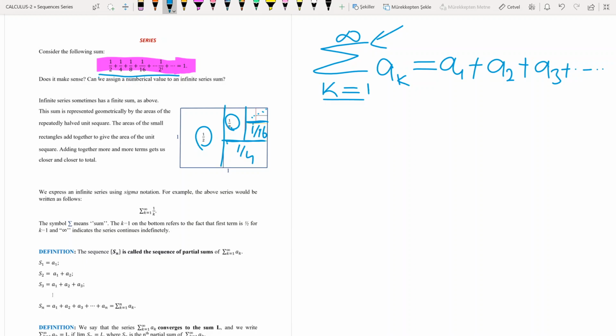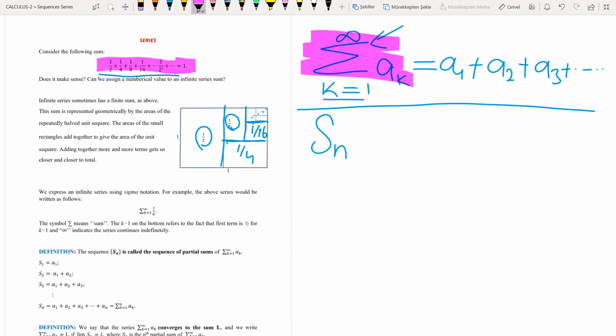Then the other important notion is Sn, the partial sum of the sequence. Assume that this infinite sum is given from 1 to infinity. Then the n-th partial sum of the given series is denoted by sigma notation as k from 1 to n. Since it is the n-th partial sum, we have n here, of course, for the sequence ak.